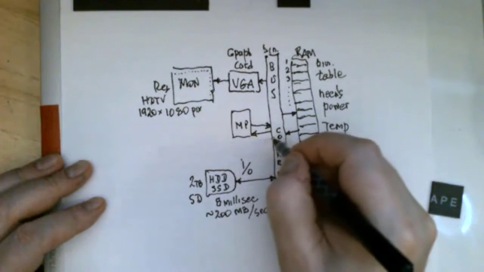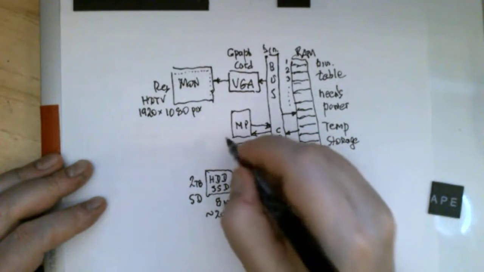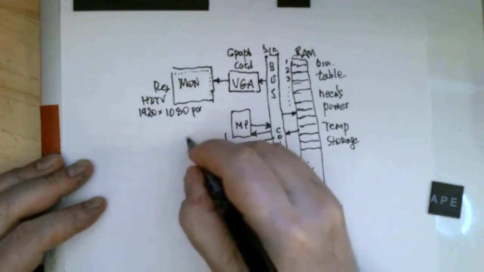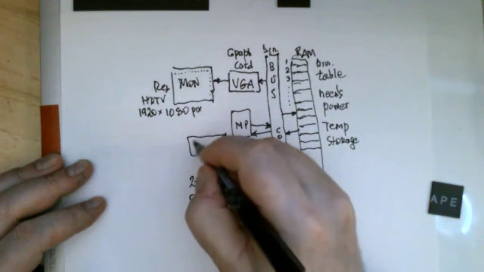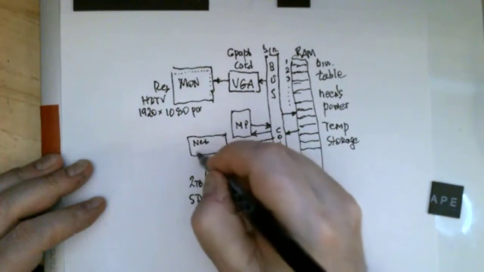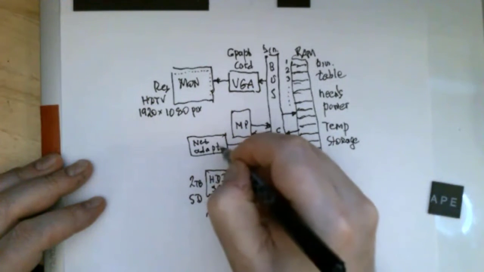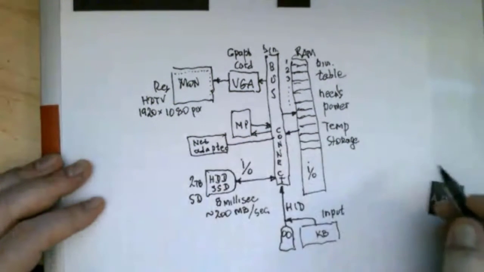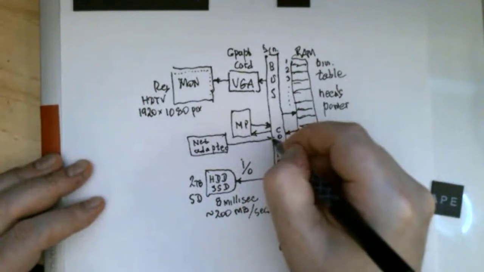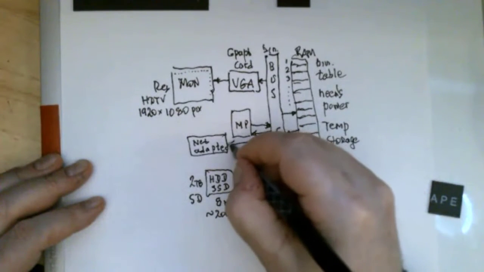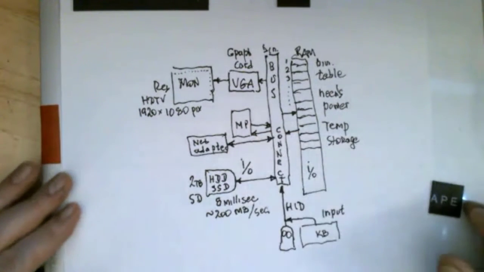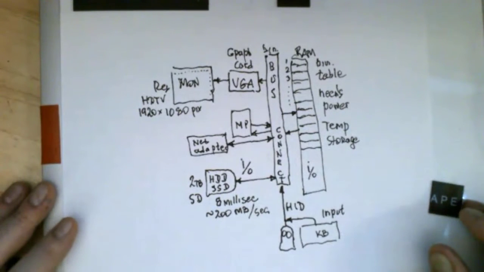To connect to the internet, we need to have an additional device. This device is named network adapter. And definitely we need bidirectional communication with the network adapter.